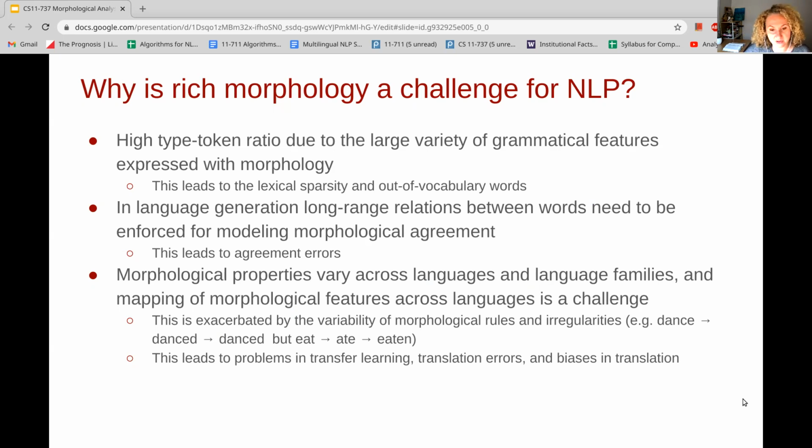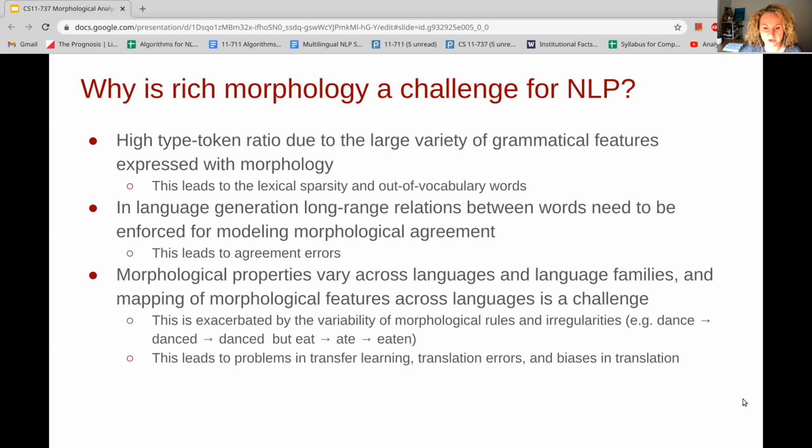And another problem is that differences in mapping across morphologies of different languages can lead to exacerbation or amplification of social biases. For example, when we translate from languages like Turkish or Hungarian that do not mark gender of third-person pronouns, like he or she, and we translate from Turkish or Hungarian into English.